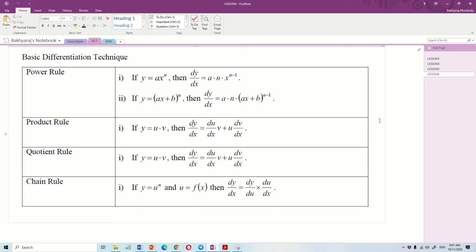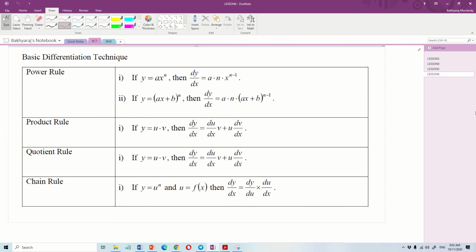Okay, so saya terus pergi kepada lesson for today. Today my focus is basic differentiation technique. We want to study in more detail about basic differentiation technique. Today my focus is all about the power rule.